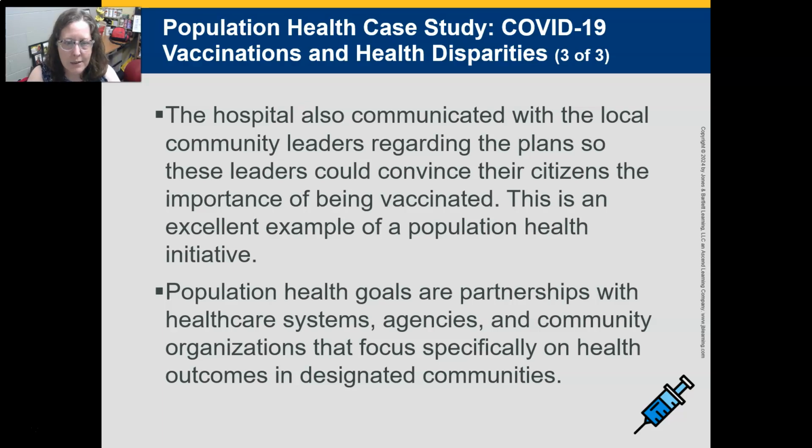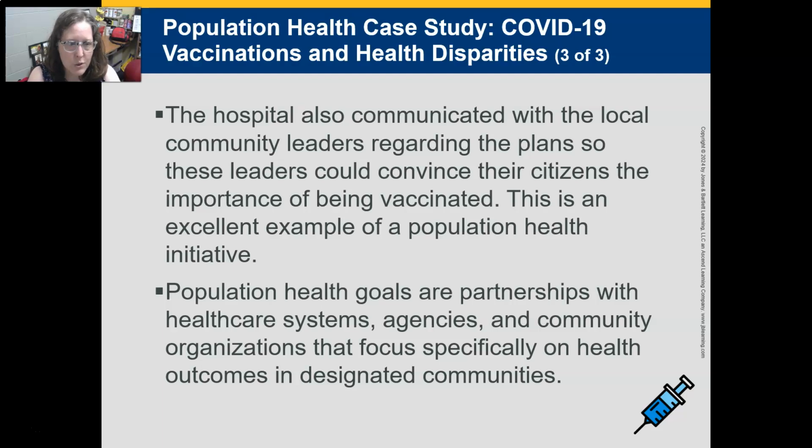So this is an excellent example of a population health initiative, especially getting that community buy-in, getting the leaders involved so that the message can be spread to the community, so that when the vans bringing the access to the vaccines arrive in the community and they have the opportunity to get vaccinated, they do so, right?